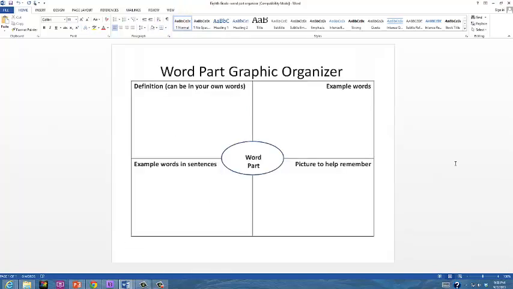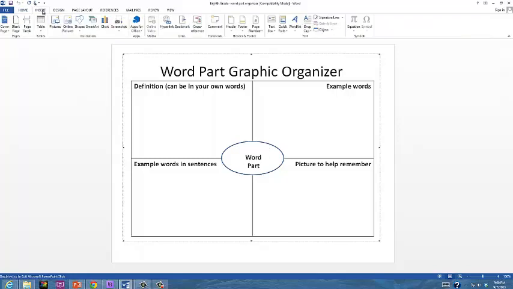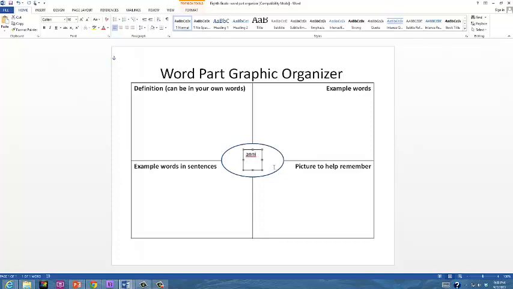Once I have that completed, you will move on to the next step, which is the word part graphic organizer. This is an example of the word part graphic organizer. So the first thing you're going to do is in the middle of the chart, you're going to put down the word part. Now remember, you're still working with the main word part that we are using in the word map attack.